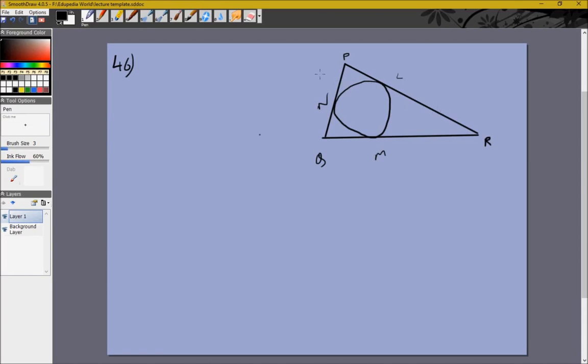So if this is 2k, this is 2k plus 2, and this is 2k plus 4. So obviously this is 2k plus 4, this is 2k, and this is 2k plus 2. Right, because these two sides are equal since this is the incenter.